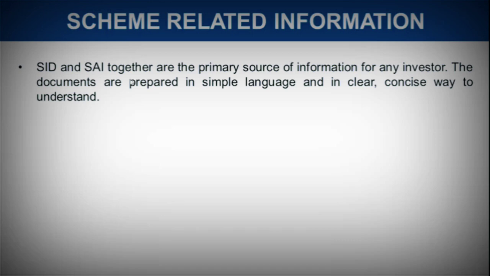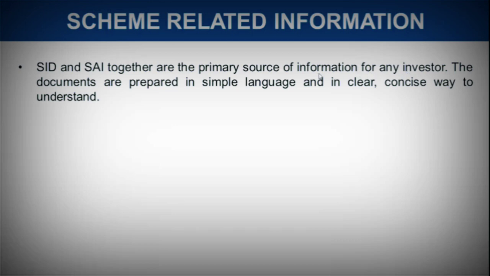So we get an idea that SID and SAI together are the primary source of information for any investor. It can be downloaded from AMFI website. It is available on AMC's websites, mutual fund websites.